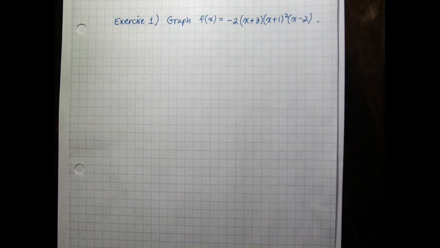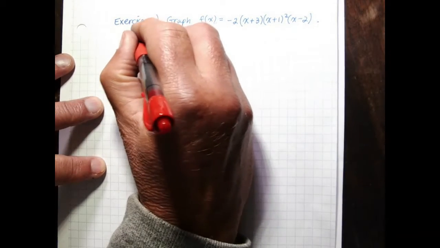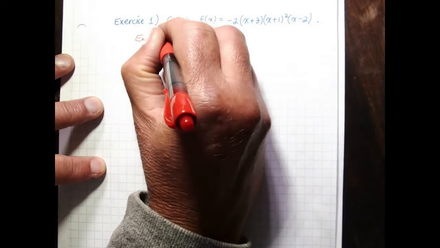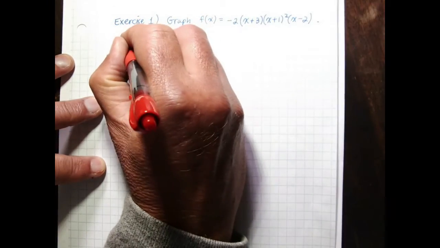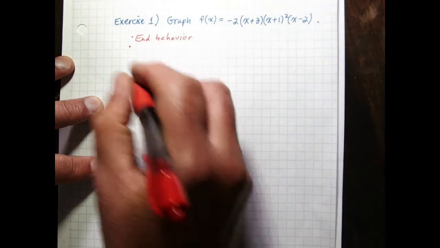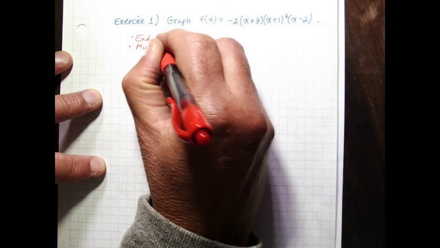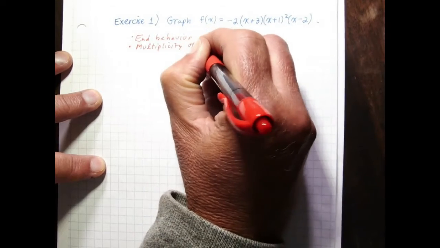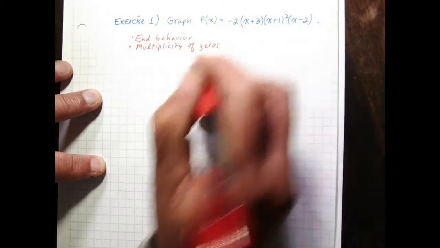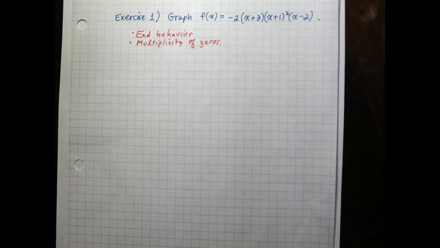And so we need to check the end behavior, and we also need to consider the multiplicity of the zeros and their effect on the graph. Those are going to be the two components we're going to use to analyze this.